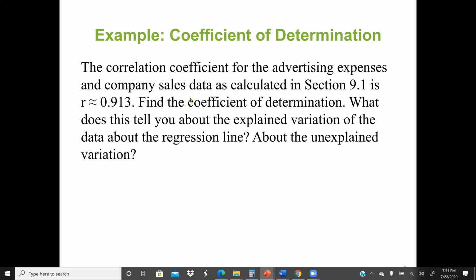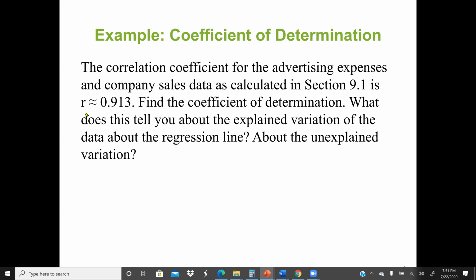So we can see the example here for coefficient of determination. They gave us the R value already. The question said the correlation coefficient for the advertising expenses and company sales data, as calculated in section 9.1, which was the previous session we did.